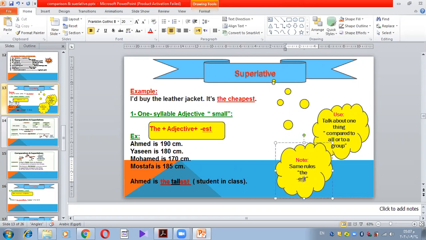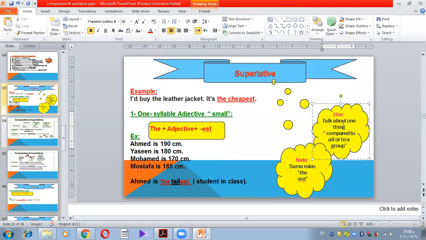Instead of er, we say est. Instead of than, we say that. That's it. But they have the same rules. So when can I use it? If I talk about one thing. Do you remember comparison? We said what? 2 things, you compare between them. Here you are speaking about just one thing compared to a group or to all or to everything.